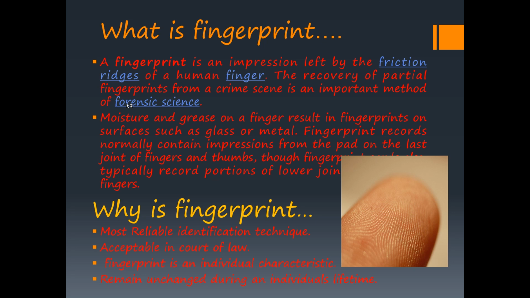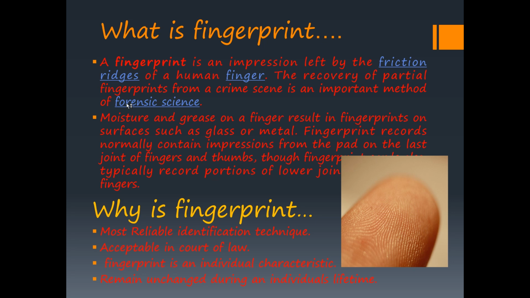Then what is fingerprint? As I said earlier, a fingerprint is an impression left by the friction ridges of a human finger. The recovery of partial fingerprints from a crime scene is an important method of forensic science.